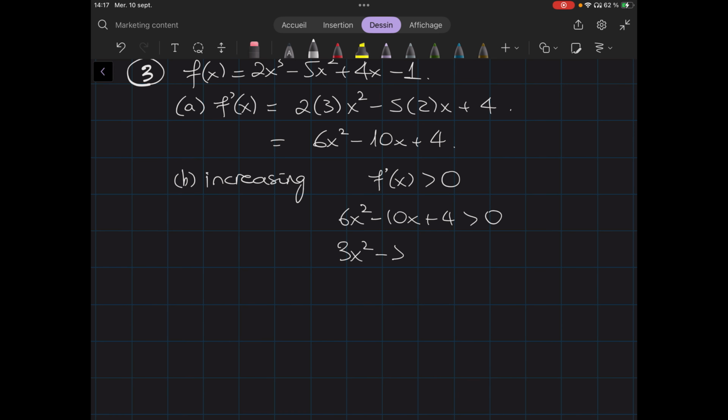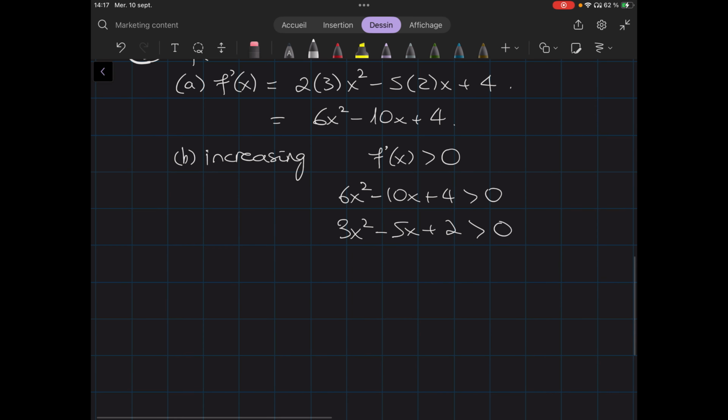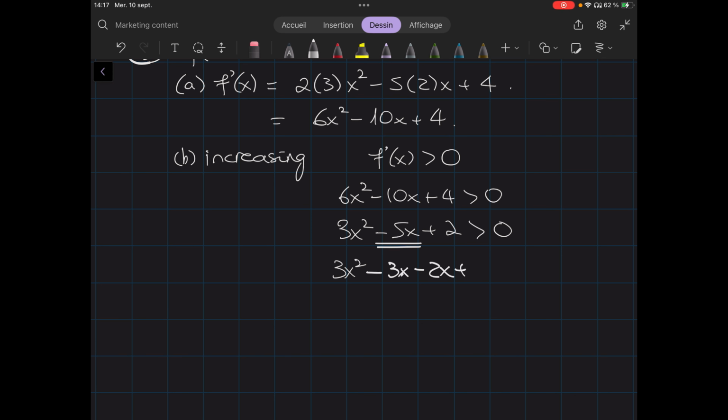This means this has to be true. We will now need to factorize this quadratic on the left-hand side. We can split the negative 5 into negative 3 and negative 2.